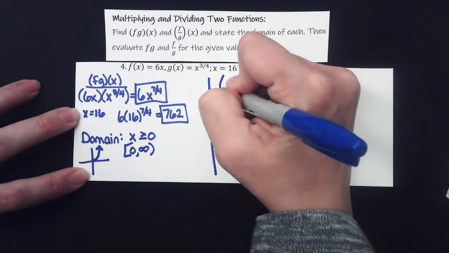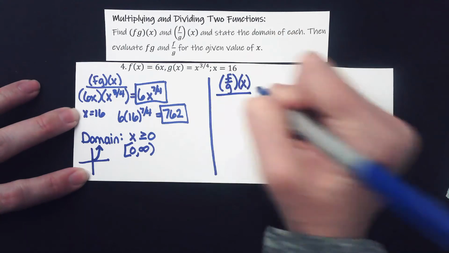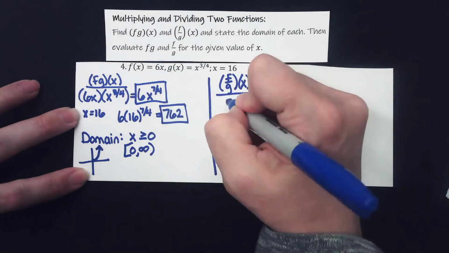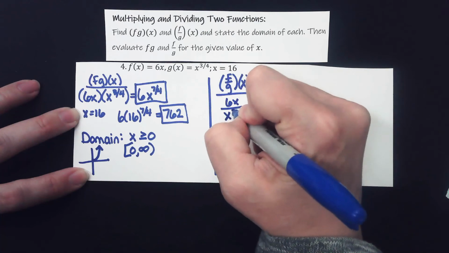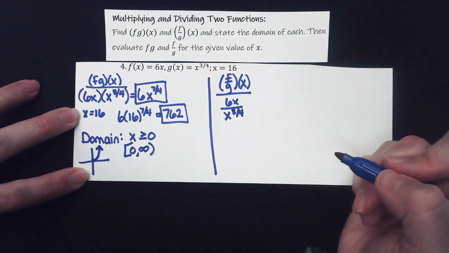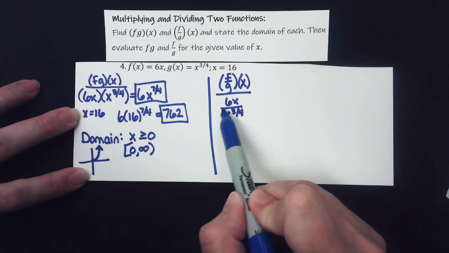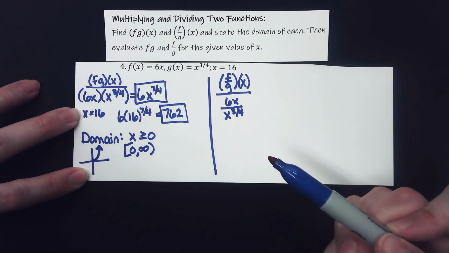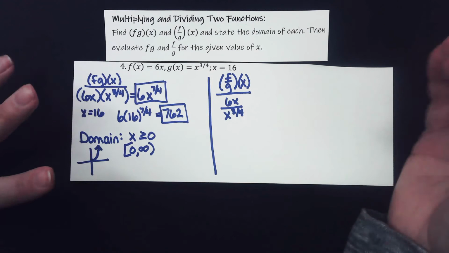All right, let's do f divided by g of x. So I'm going to take function f, and I'm going to divide by function g. And we know, because we have an x in the denominator, and the denominator can never be 0, that x cannot be 0 in this.